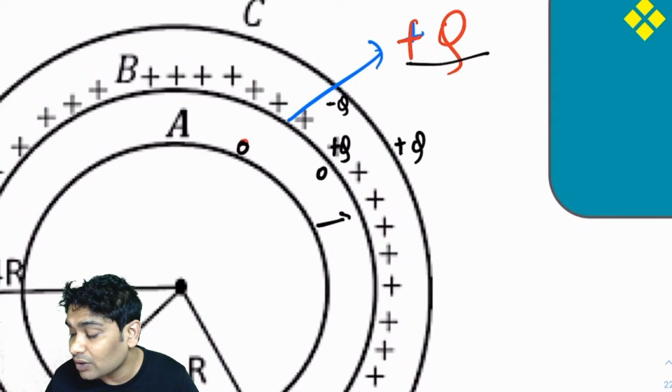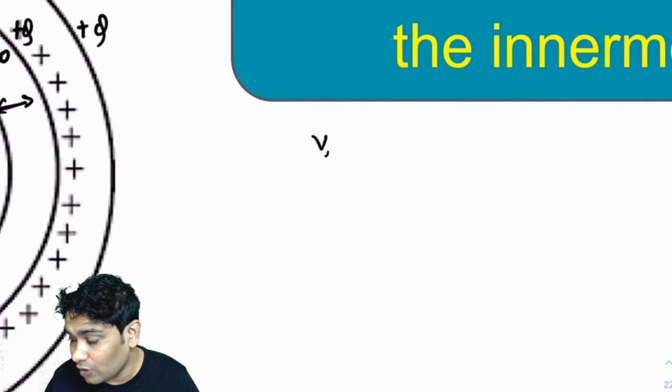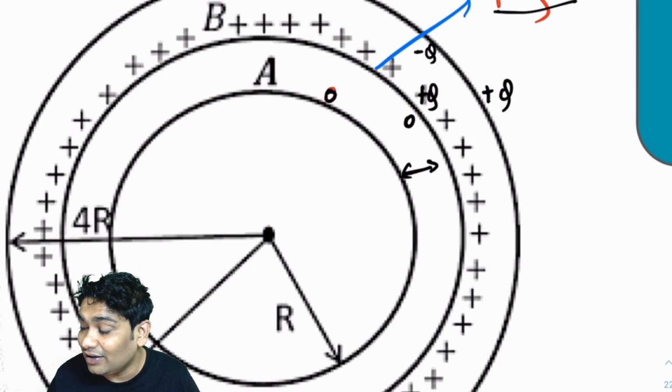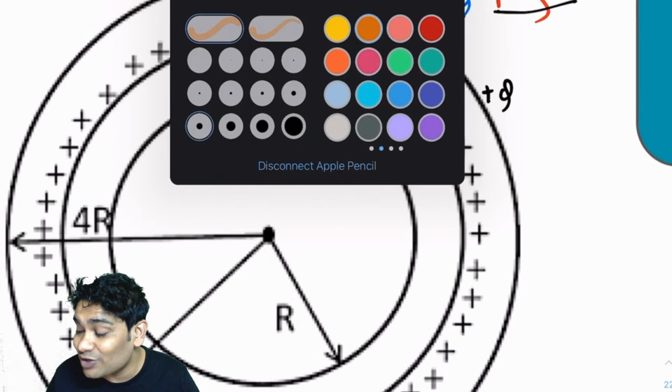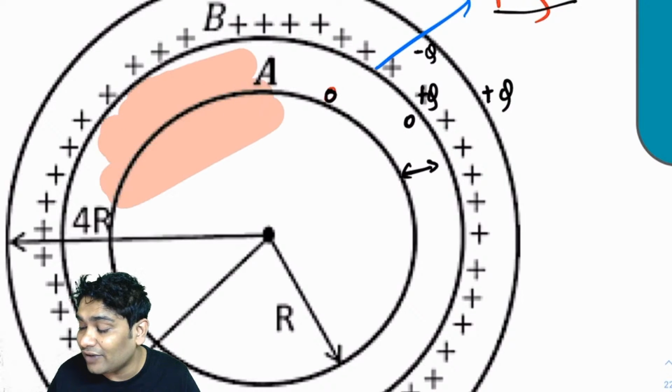First of all, the potential difference between these two, VA minus VB or VB minus VA, is 0. Why? Because this entire region has no electric field. And what do I know about regions which don't have any electric fields? Regions that do not have any electric fields are equipotential regions.